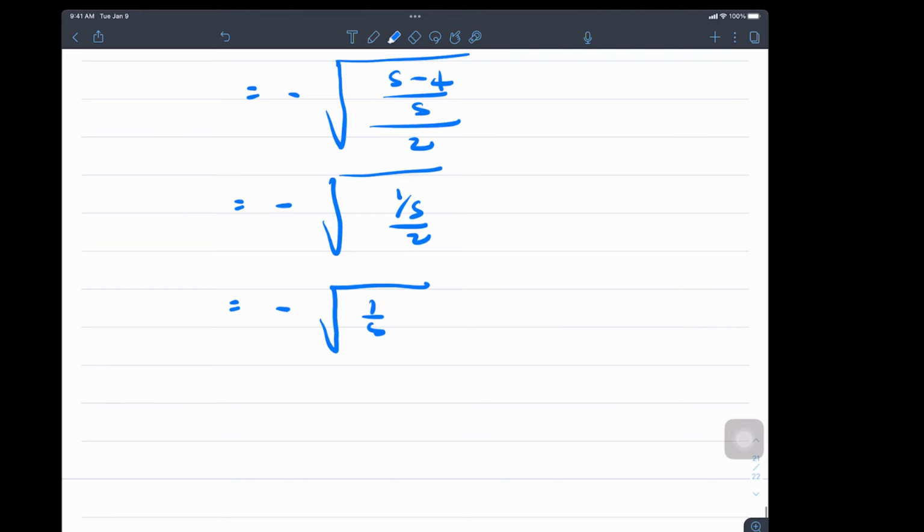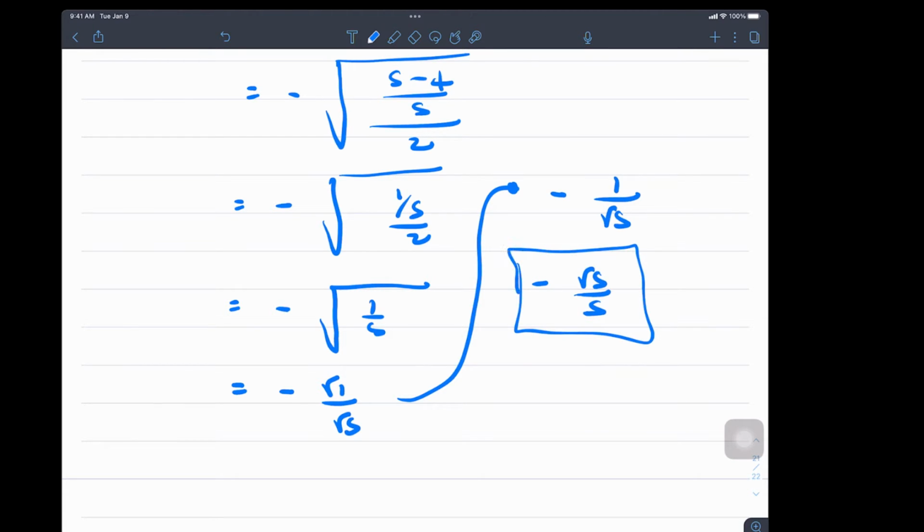Now you go, what is this? Well, this becomes negative square root of 1 over 5. So it's negative 1 over the square root of 5. If you rationalize the denominator, negative square root of 5 over 5 here.